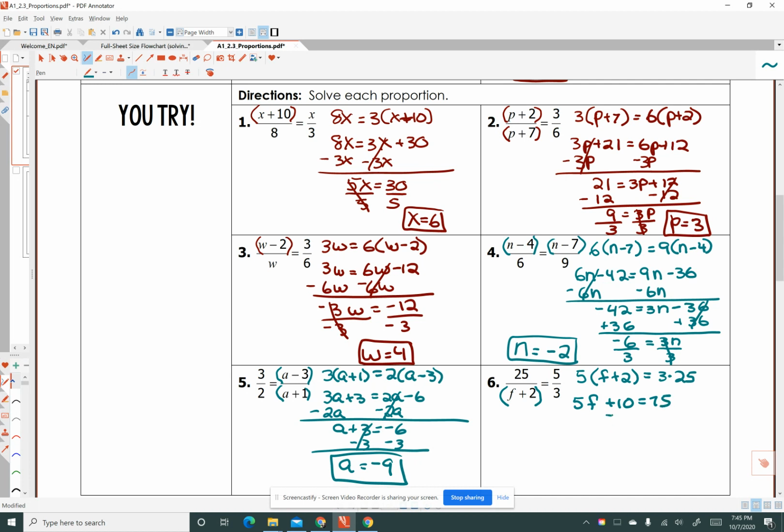Let's go ahead and subtract 10 from both sides of the equation. That will give me 5f equals 65. And now I'll divide both sides of the equation by 5. And f equals 13.